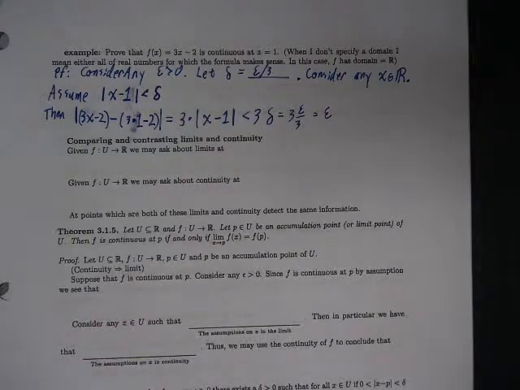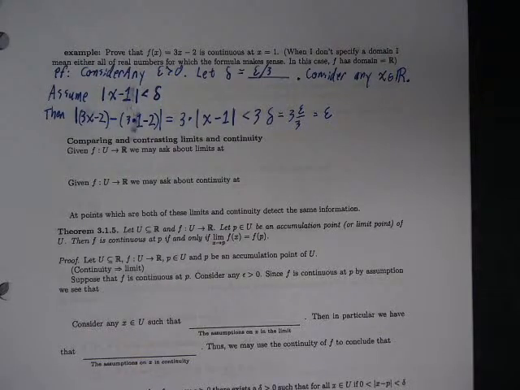Let's just summarize what this shows. So this shows that no matter what choice of epsilon you have, there exists a delta, namely that same epsilon divided by 3, such that no matter what x is, if the absolute value of x minus 1 or x minus p is less than delta, then f of x minus f of 1 is less than epsilon.